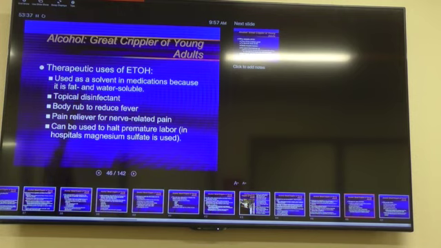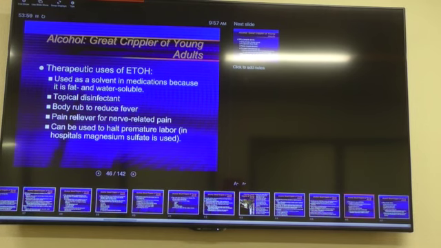Therapeutic uses of ethyl alcohol: it can be used as a solvent in medications because it is fat and water soluble. Any of the liquids that you dispense are probably suspended in alcohol, tincture of whatever. It can be used as a topical disinfectant. It's a body rub to reduce your fever, a pain reliever for nerve-related pain.